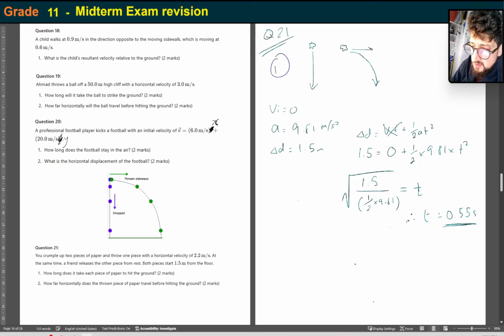Okay, so that was part 1. Let's do part 2. How far horizontally does the thrown paper travel before hitting the ground? So once again, we're looking for the horizontal distance in this instance.